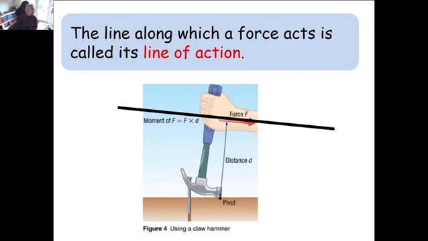And that's what we're interested in when we're trying to work out the moment of a force. We need to multiply the force itself by the perpendicular distance between the pivot point and the line of action of the force. So that would be this distance here.